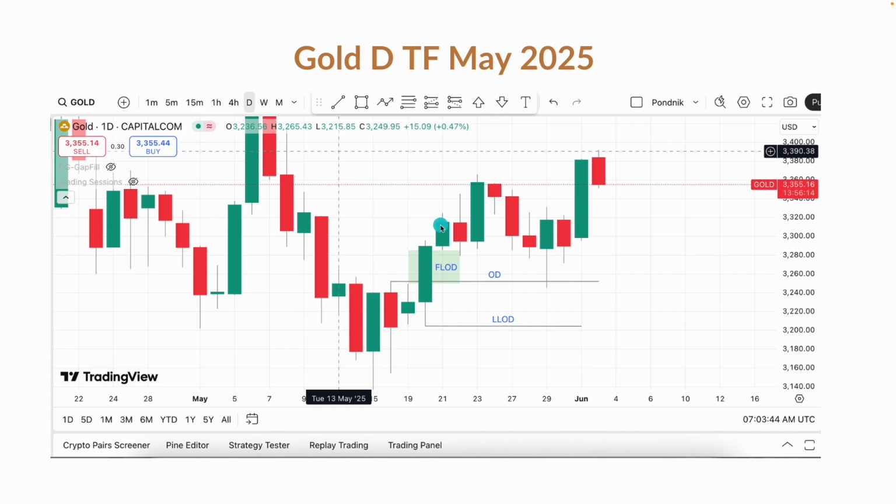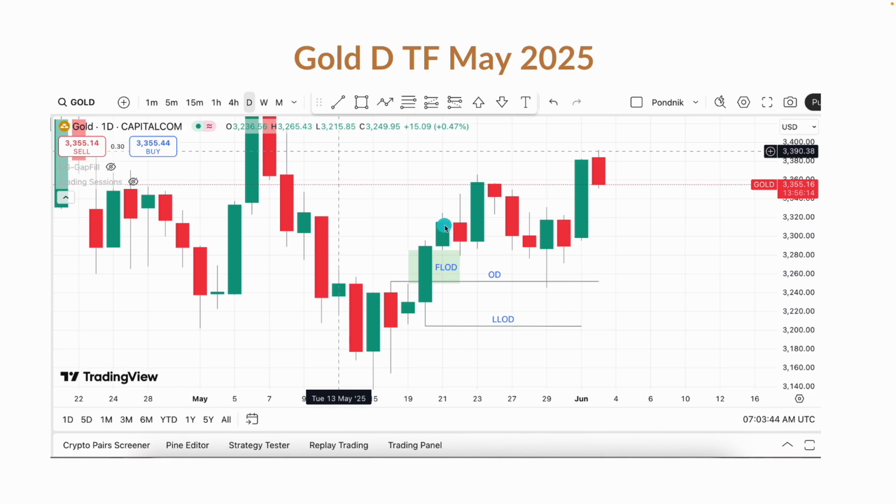This close could be below the second candle's high. In that case, it will be a perfect fair value gap. In this case, it is a breakaway fair value gap. Now the third candle has retraced into this fair value gap, and then we have reached this target. So this is a retracement and then reaching the target.